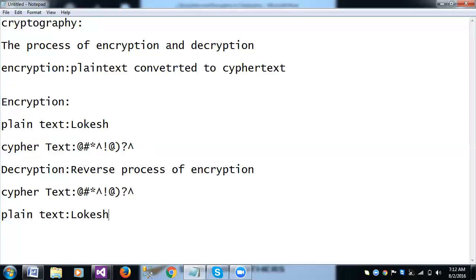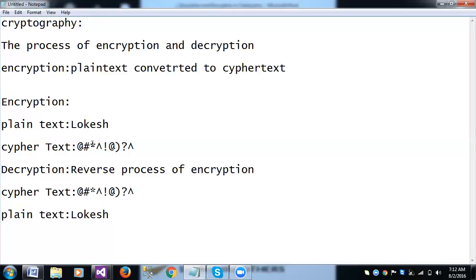Whenever we are storing passwords in the database, even if our server is somewhere, they cannot see it. Our bank passwords, online transactions, OTP, transaction passwords and all, even if they have the database, they cannot see it. Why?